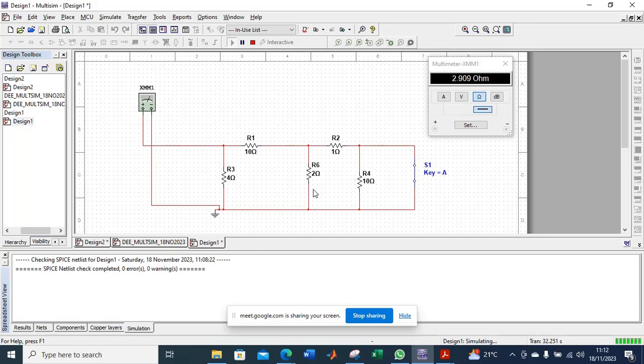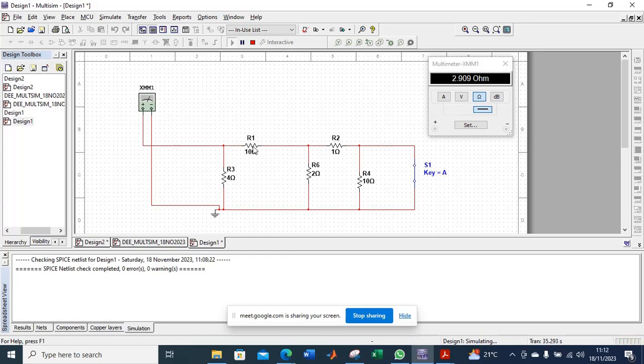So the 2 and the 1 are in parallel, giving 2 times 1 divided by 2 plus 1, which gives you 0.67. So 0.67 plus 10 will give you the resistance along there.